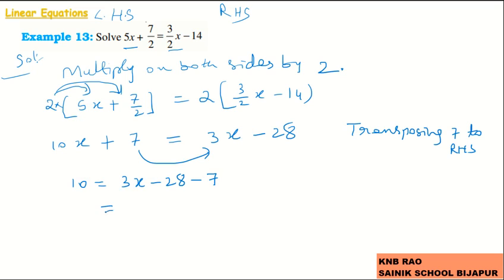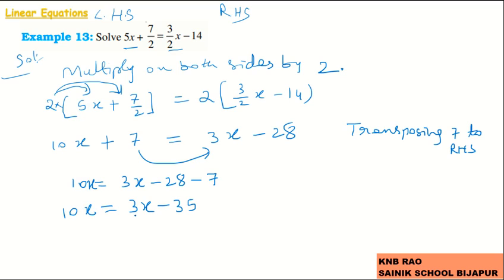Now on simplification, 3x minus 28 and minus 7 gives you minus 35, and here 10x is there on the left hand side. So 10x will remain as it is.